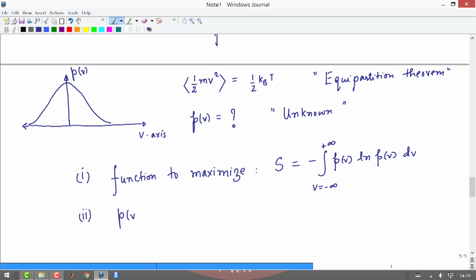So, p of v is normalized, a very important ingredient. Which means my constraint G is basically the integral over v from minus infinity to plus infinity of p of v dv minus 1, which is equal to 0. Okay. My PDF is normalized, that is my constraint.